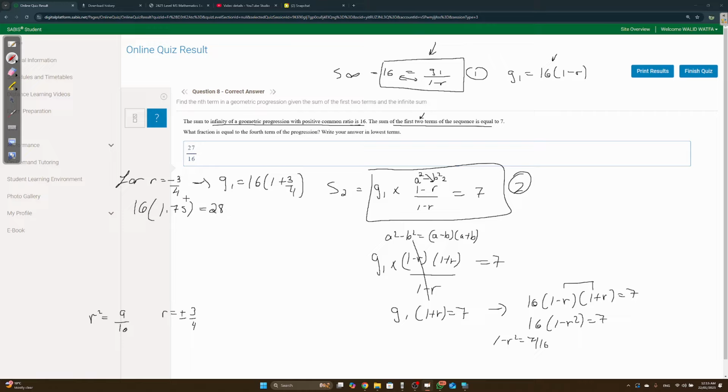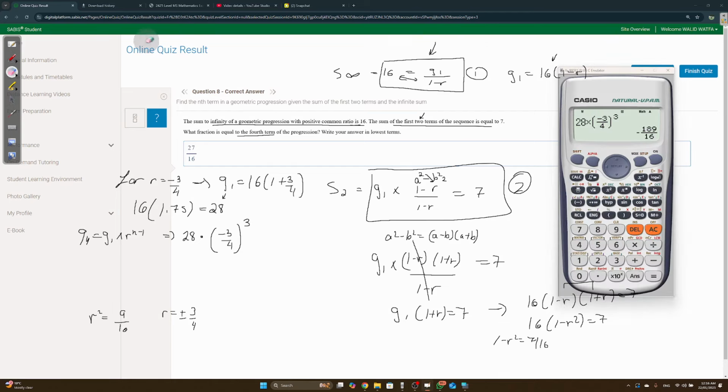So g1 is 28. What are they asking? The fourth term. g4 is equal to g1 times r to the power of n minus 1. Now we got 28, right? So you're going to do 28 times r, negative 3 over 4, to the power of n minus 1. So 4 minus 1, which is 3.